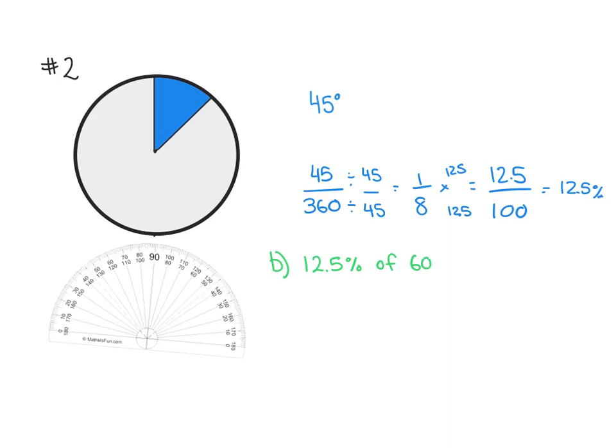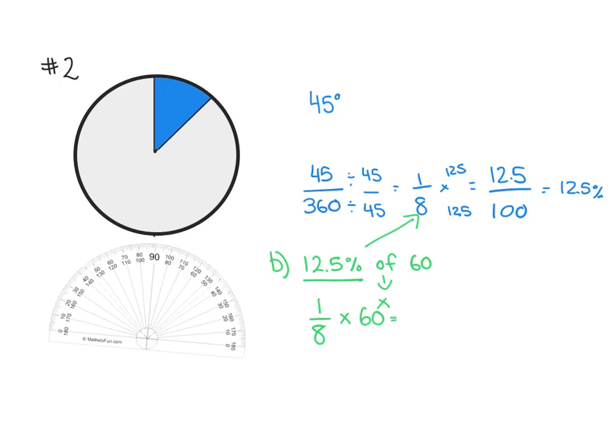So we remember from yesterday's lesson, we start by turning our percent into a fraction. Well, we already have a fraction here that we can borrow. So 1 out of 8 of becomes times 60.